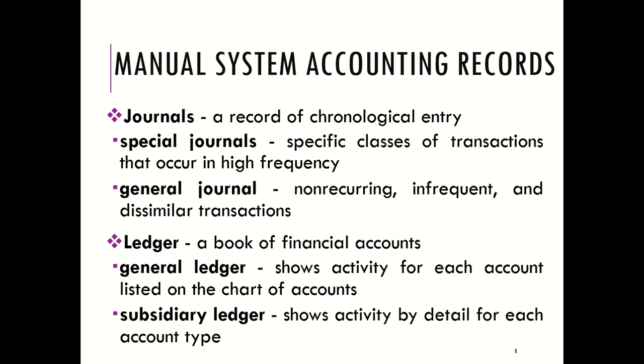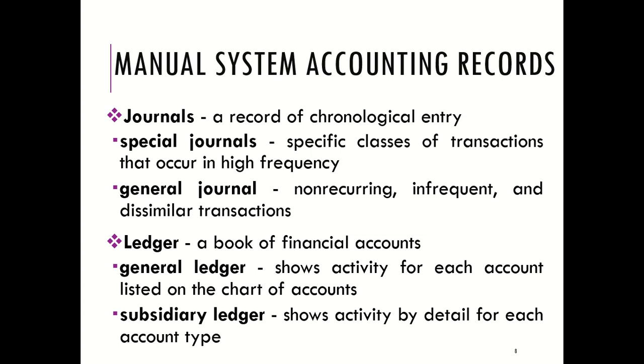Okay, another accounting record would be yung ledger natin, which is the book of final entry, the book of financial accounts. So again, we have two types of ledger, the general ledger, at saka we have as well subsidiary ledger. A general ledger shows activity for each account listed in the chart of accounts. Di ba? In basic accounting, the chart of accounts is the listing of all of the account titles and account numbers.